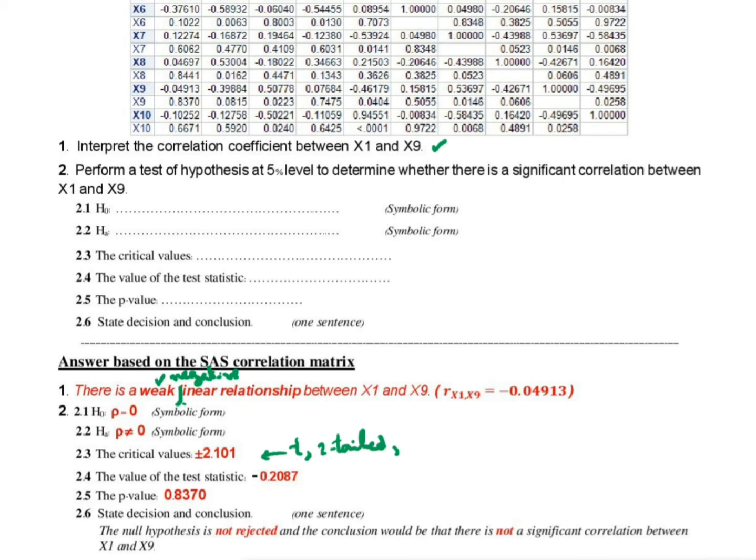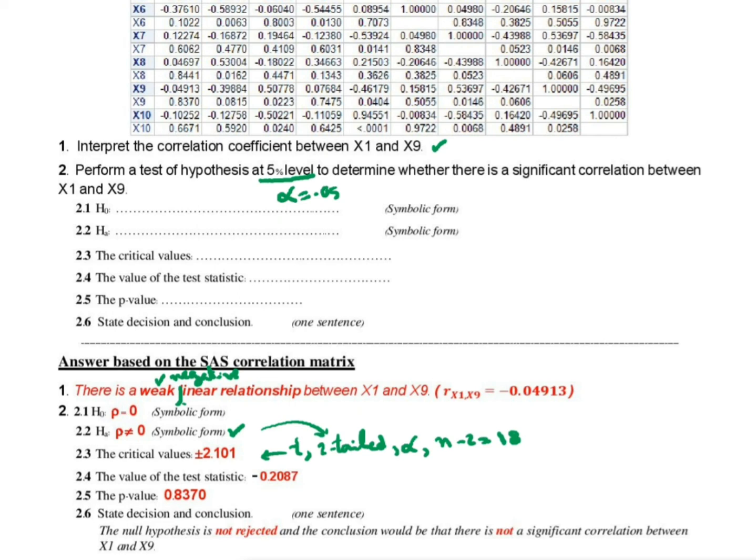Where is alpha? 5% level, therefore alpha is 0.05. You must check 2-tail alpha, because your test is a 2-tail test. Degrees of freedom m minus 2, 20 minus 2, 18. You go and read, you will get this number.